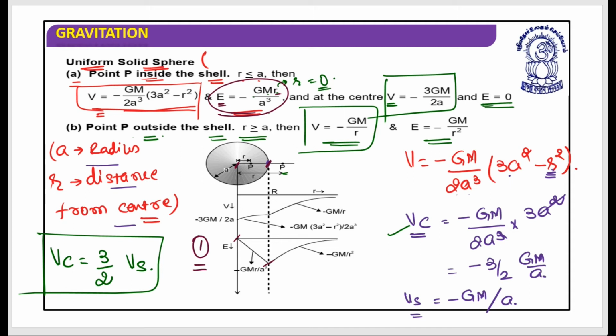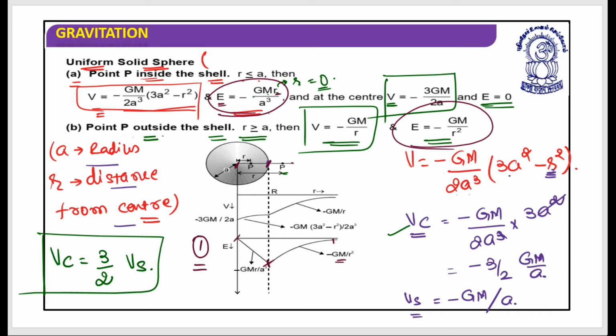Once you are moving outside the sphere, E is equal to minus GM by r squared. As soon as the distance increases, your field decreases, and it has been shown by this graph. Is it clear?